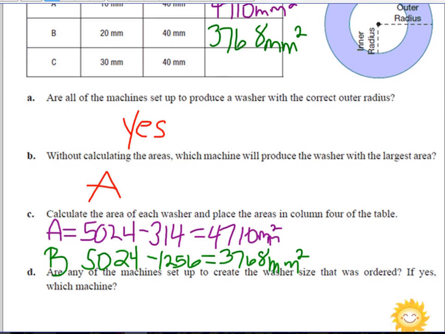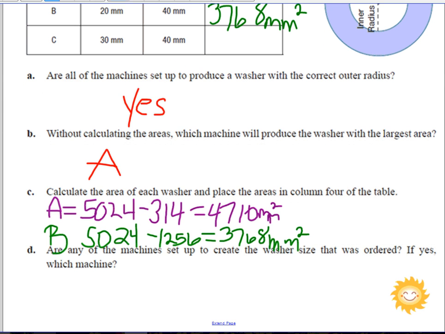And then our third machine, and we have again the 5024 for the entire outside disc, and we'll punch out a hole that's 30 millimeters in radius, and so we'll do 3.14 times 30 squared, and that will give us 2826 being taken away.